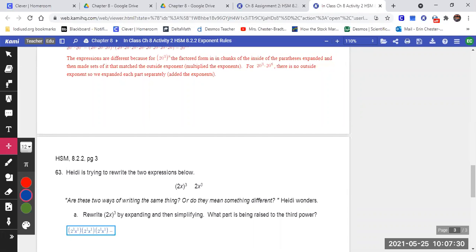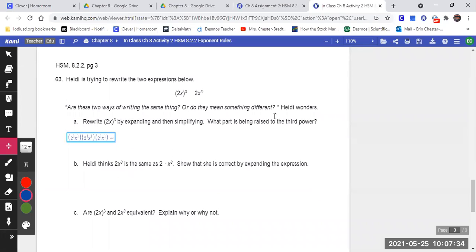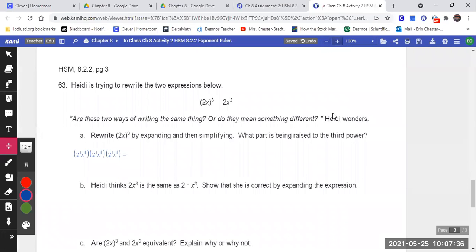what are we going to get? If we simplify this, what are we going to get? So simplify that expanded form.